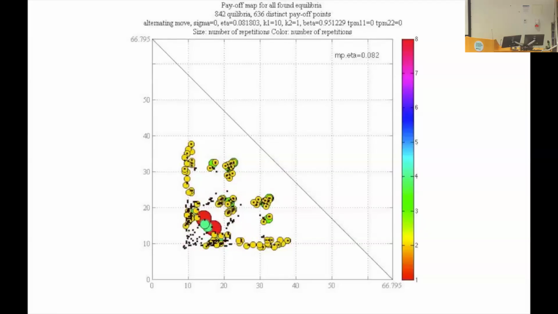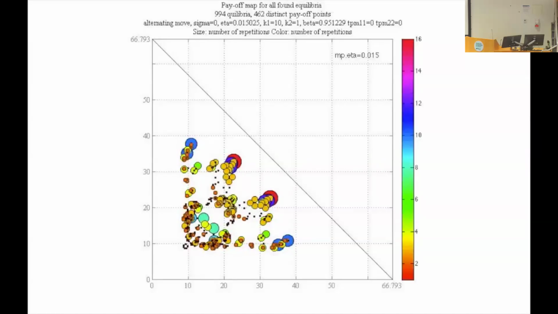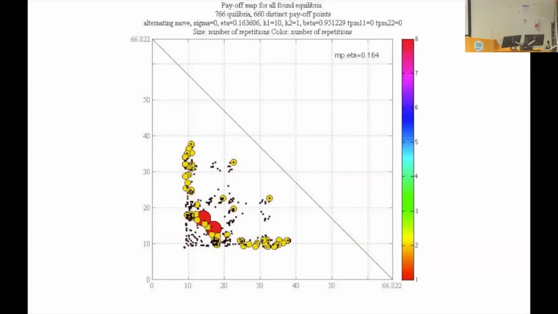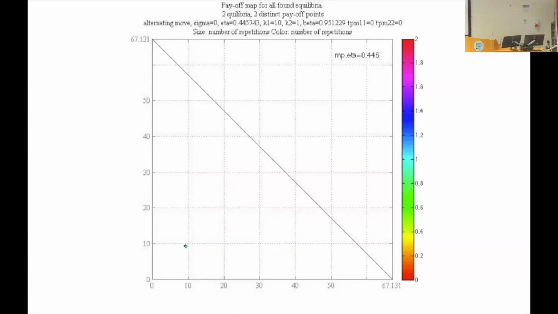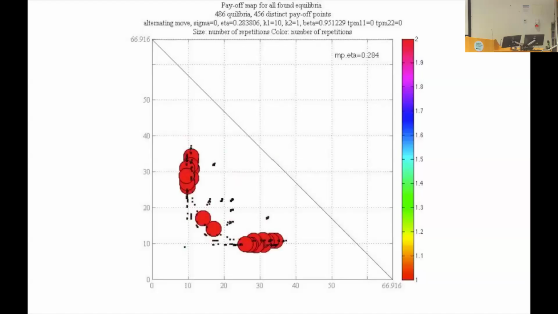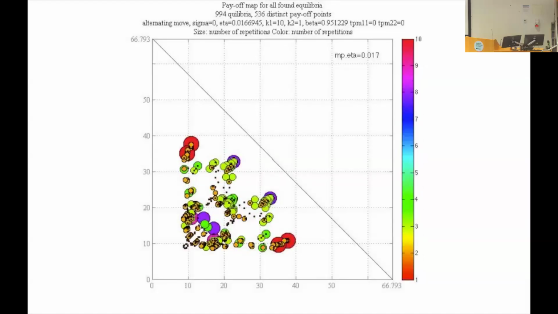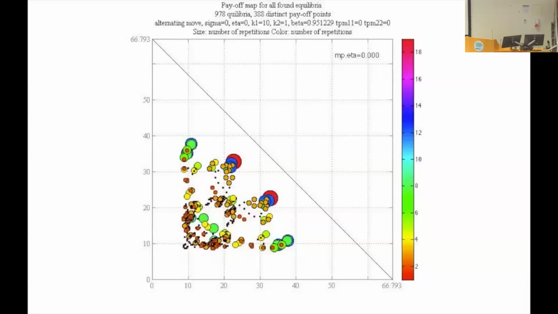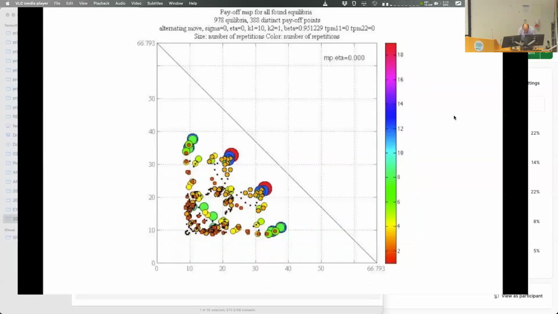Some are moving somewhat continuously, but in general, there are completely new solutions that appear and disappear. And eta is not the only parameter which has this behavior. Let's see, is this all for this movie?